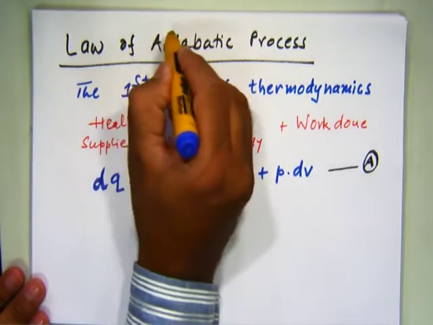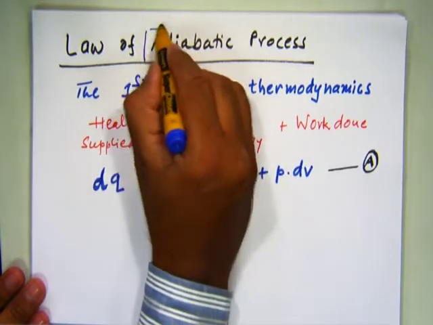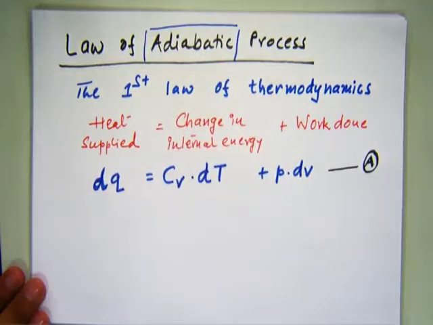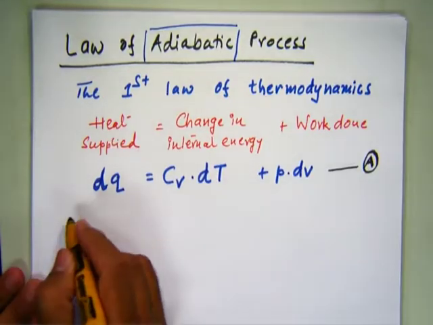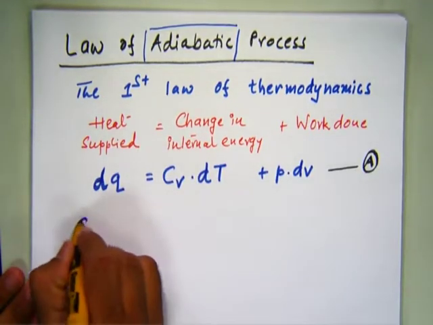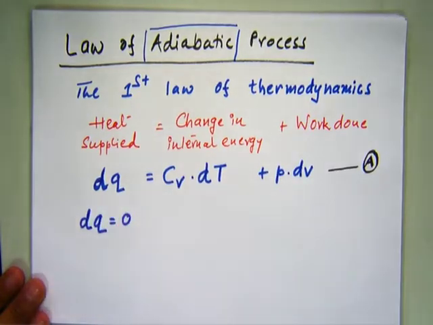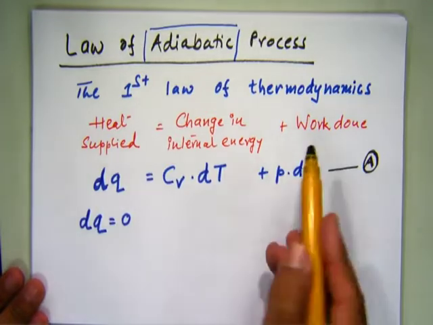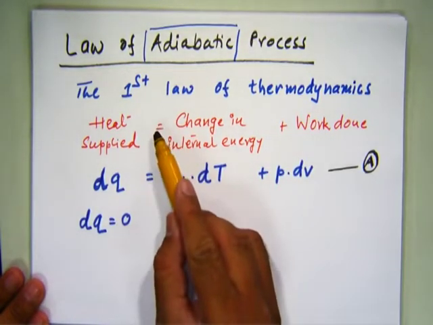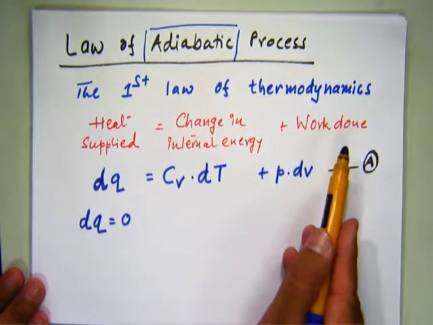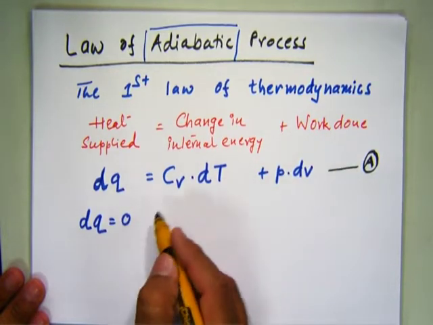We are interested in the adiabatic process. In an adiabatic process, we have seen that dq is equal to 0. There is no change in the heat; heat can neither be given nor be taken out. So dq is equal to 0.